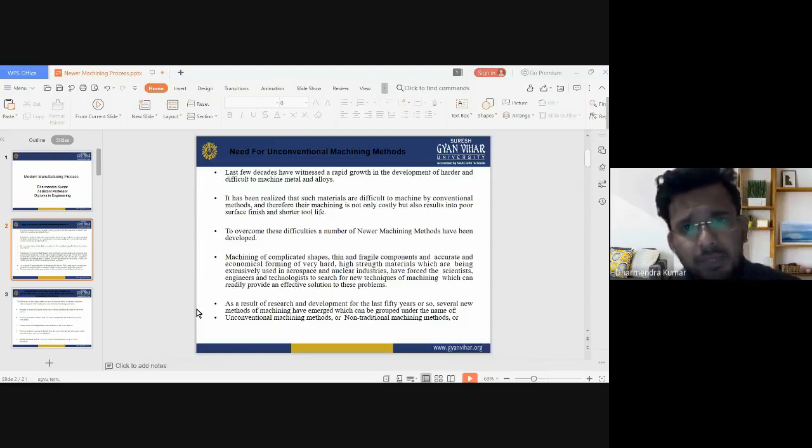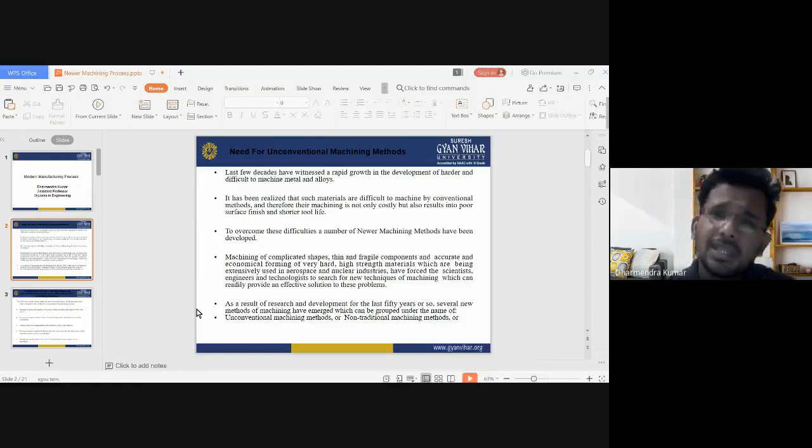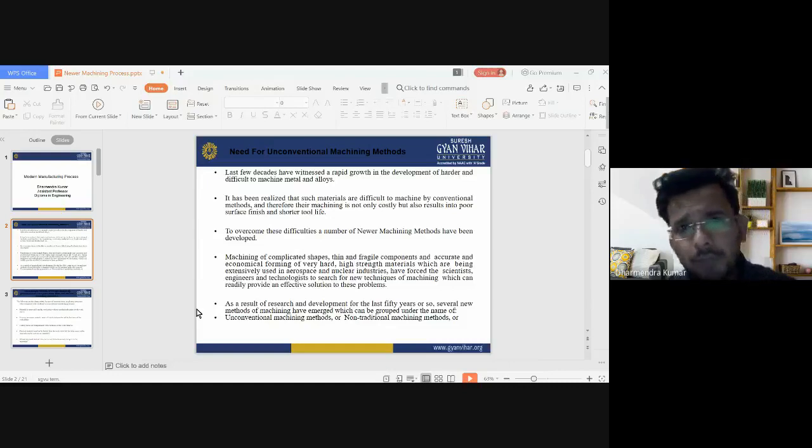In the last few decades, we have witnessed rapid growth in the development of harder and difficult-to-machine metals and alloys. Nowadays in many manufacturing units, there is a variety of usage of super alloys, and conventional machining is very challenging for machining super alloys. So nowadays any modern manufacturing plant prefers to use non-conventional machining processes.